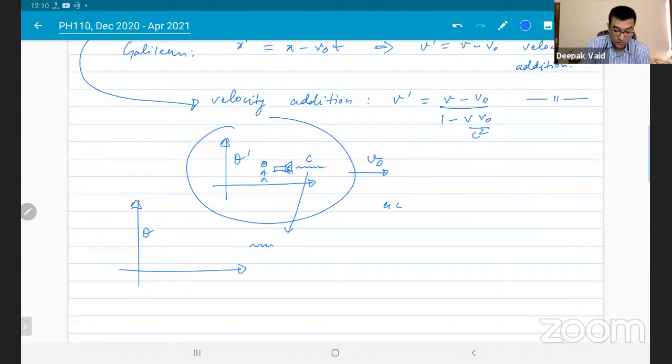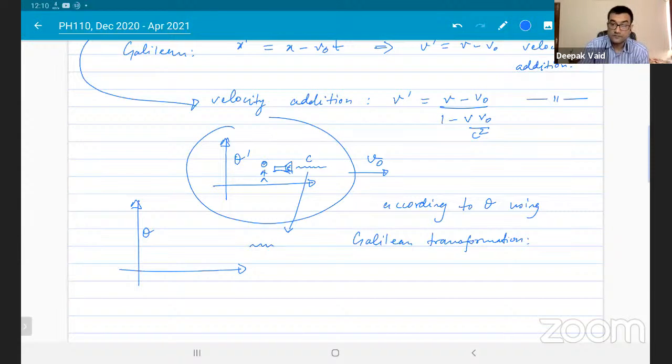So according to O, if you use the Galilean transformation, what is the speed of that wave as seen by O? So let me call this C prime.